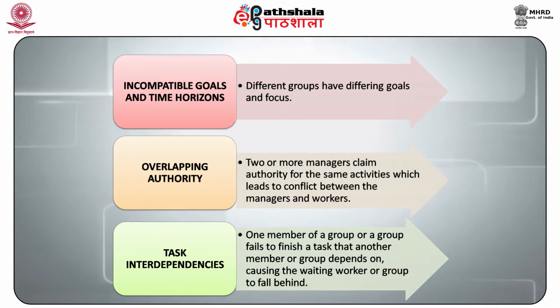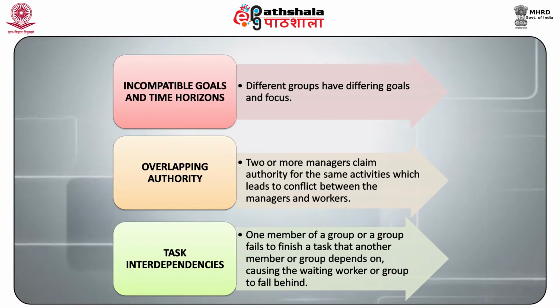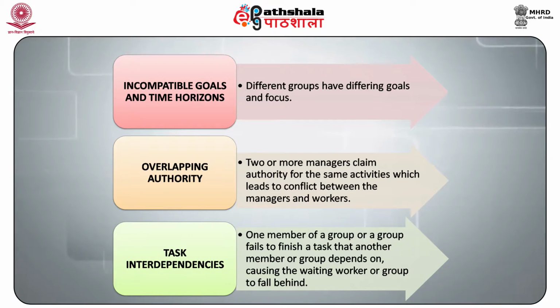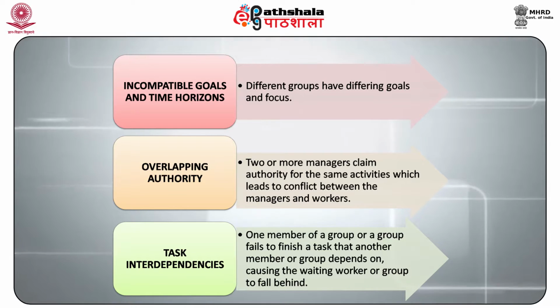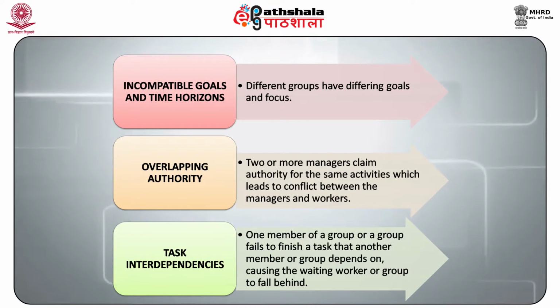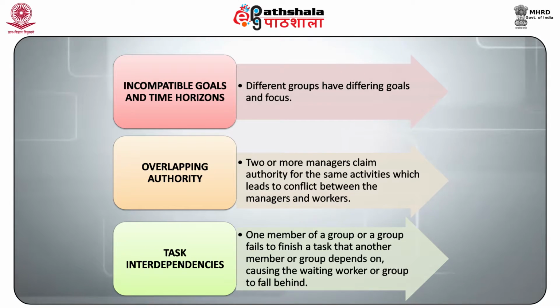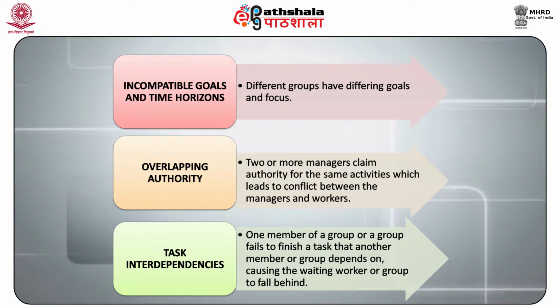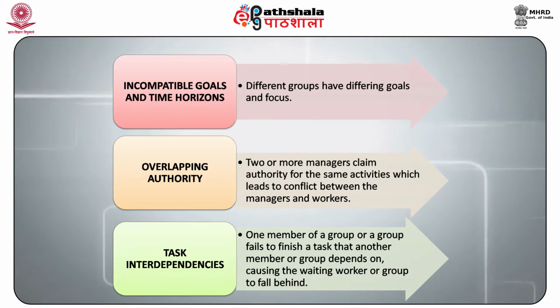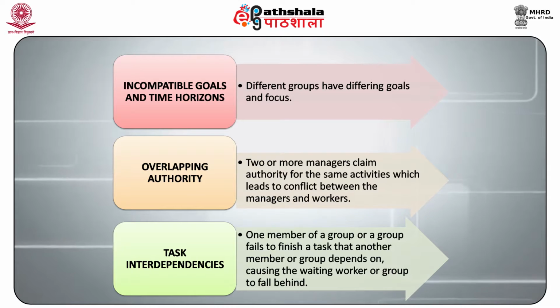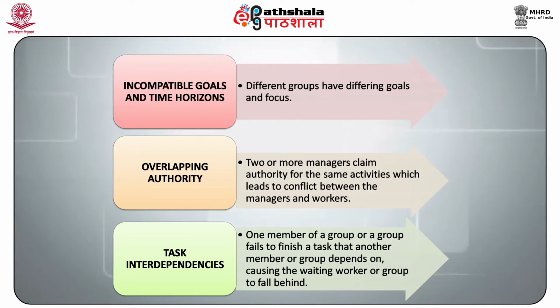A performs a certain task, then it comes to B, who in turn performs other functions, and so if A does not finish his task in time, B will also not be able to finish his task in time. Thus, this usually happens in case of sequential interdependencies.